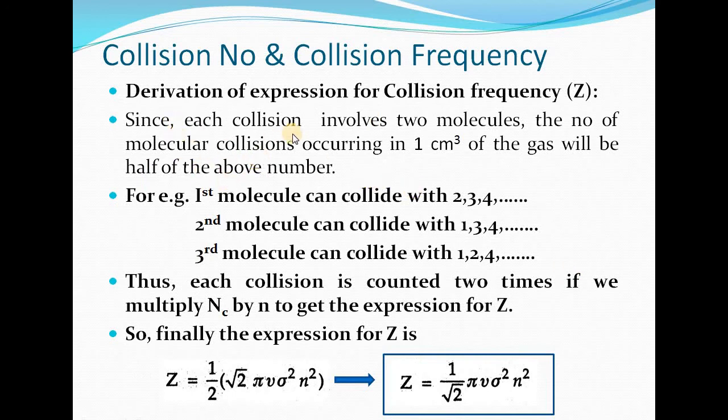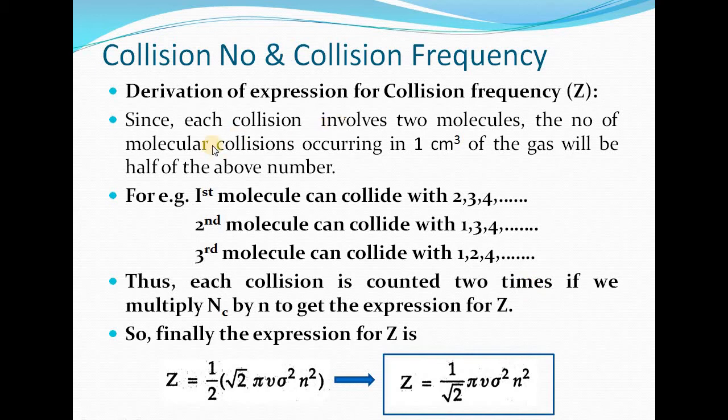Now, one mistake we are doing here to calculate collision frequency is that we are counting each collision done by a molecule with another molecule 2 times. If we multiply this Nc by n to get the expression for Z, we are counting each collision 2 times here.